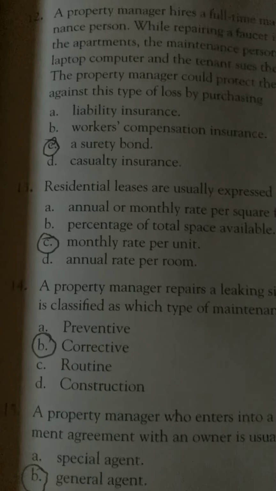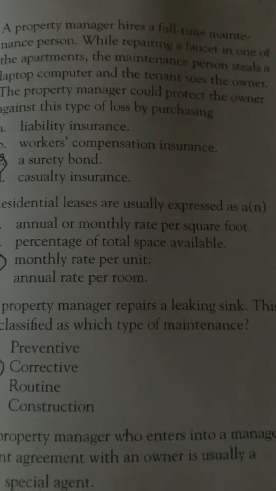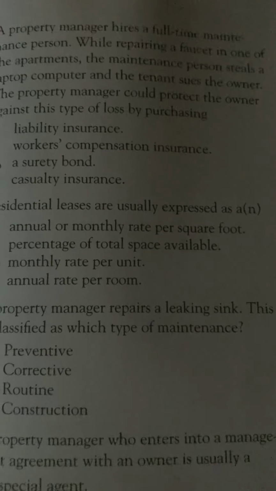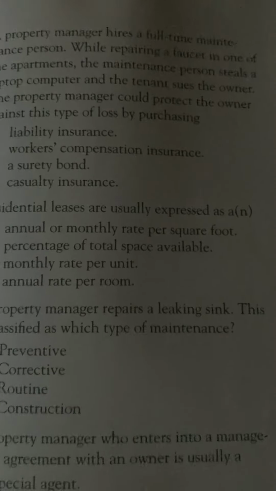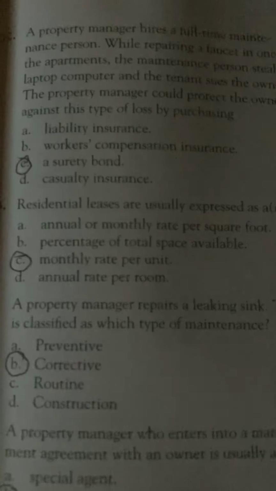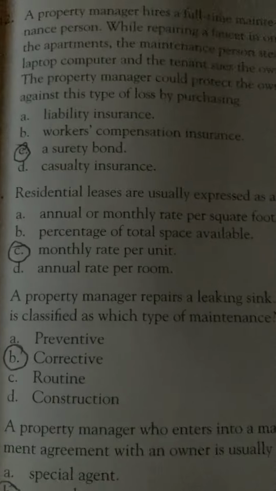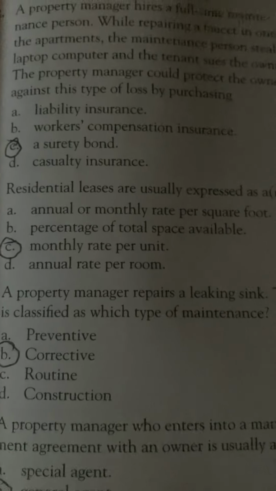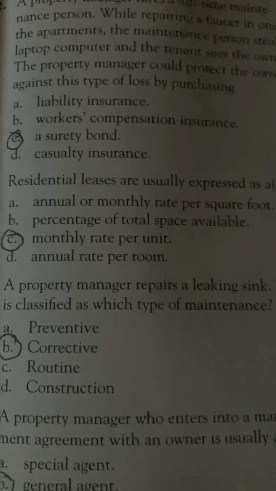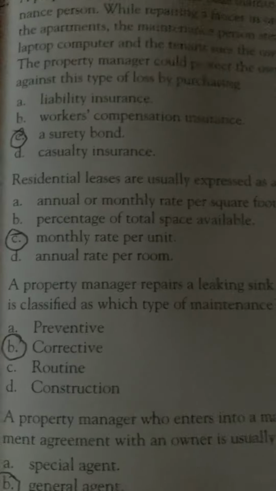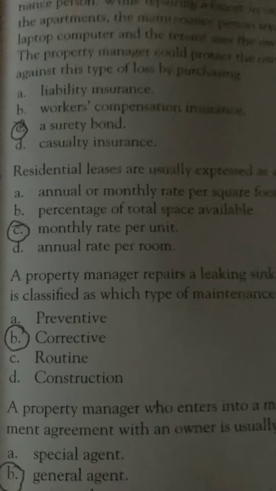Number 13. Residential leases are usually expressed as a A, annual or monthly rate per square foot. B, percentage of total space available.